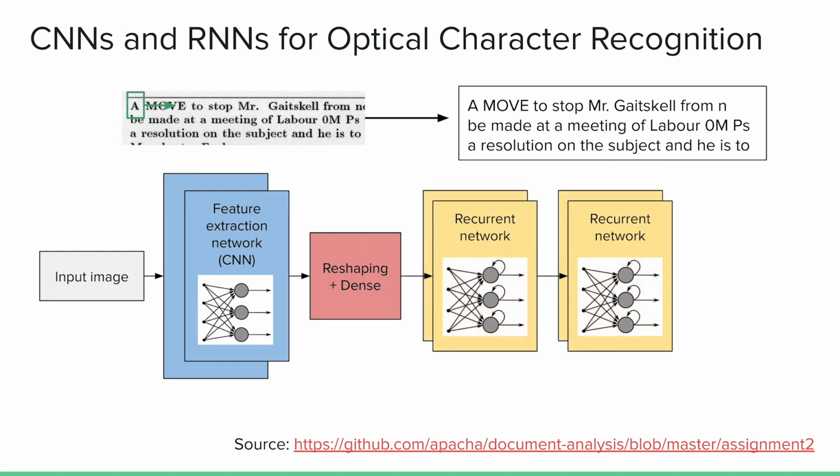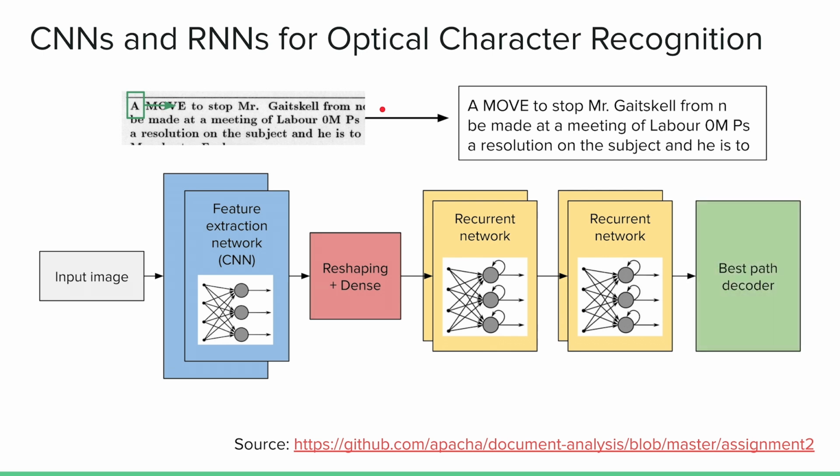So what it does is that here we process our text line by line. We start with a small input window that extracts features from the image, and we move that sliding window along the x-axis.